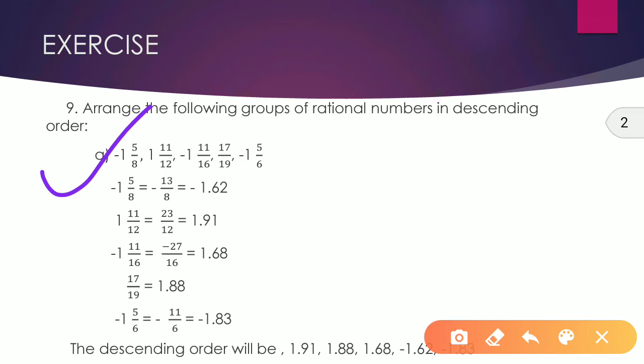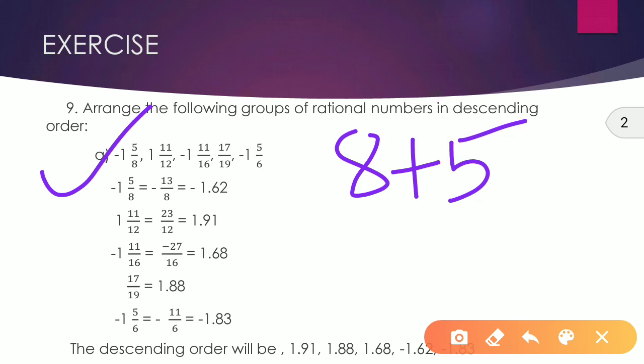Your question is given in mixed fractions. So first you convert the mixed fractions into simple fractions. First is given minus 1 whole 5 by 8. To convert the mixed fraction into a simple fraction, multiply 8 into 1 gives you 8, then plus 5 gives you 13. Here, 13 by 8.